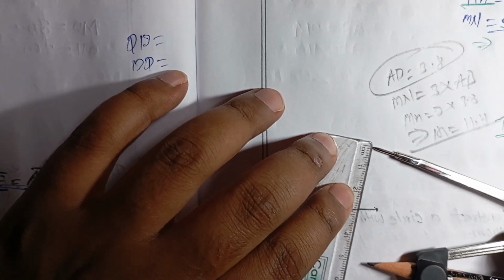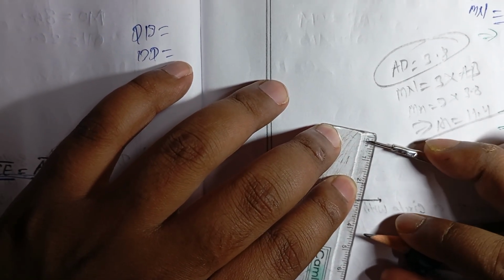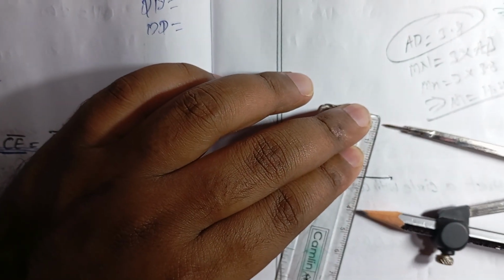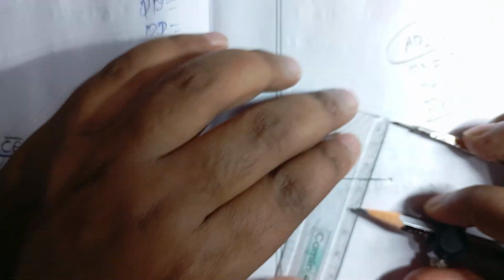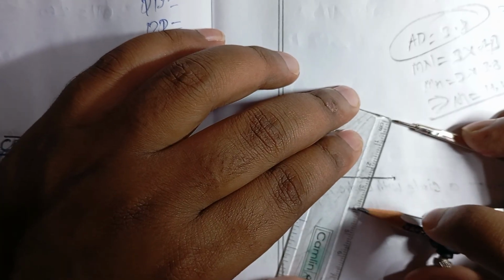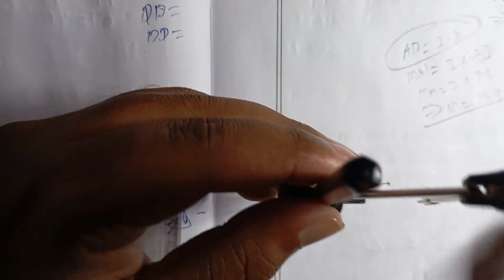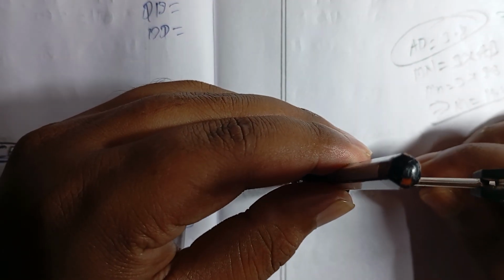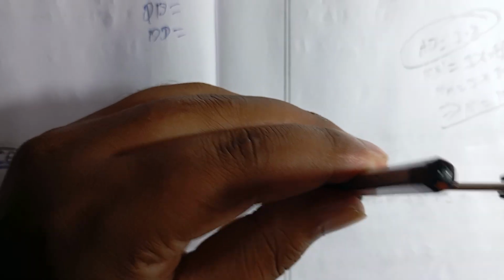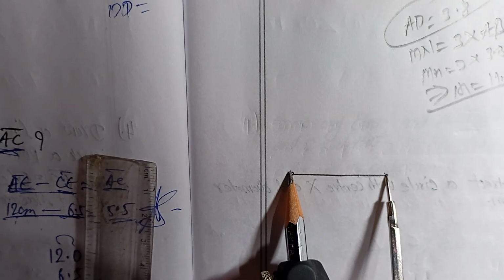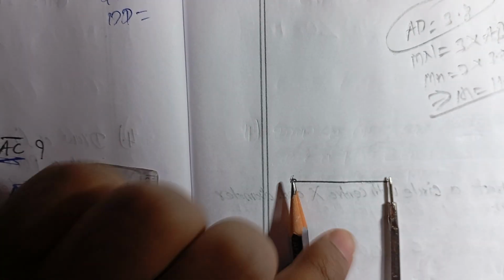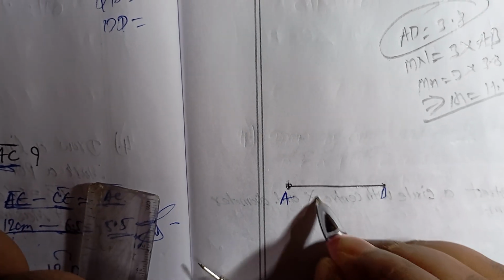So let's suppose this is 3.8. Now let's check this one: is it the same distance or not? Same only. So this is A, this is B, and the distance is 3.8.